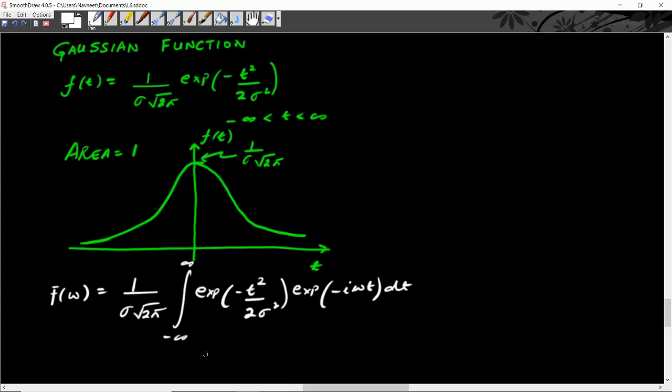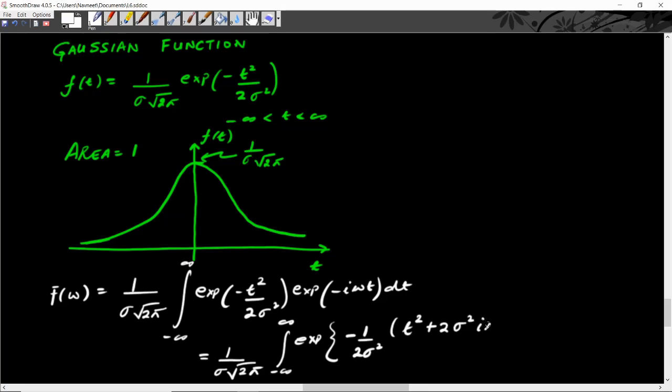To solve this integral, we can write the integral in this particular form, as this.